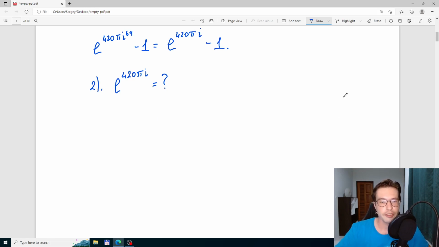The first one is going to be the exponential form, e to the power I theta, where theta is the argument of the complex number. And that could be written as cosine theta plus I sine theta.